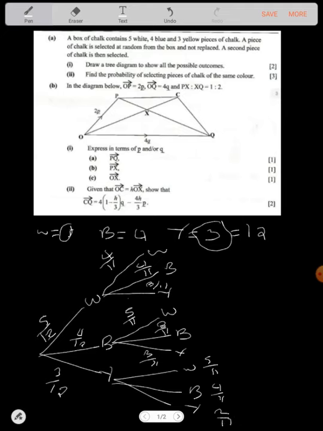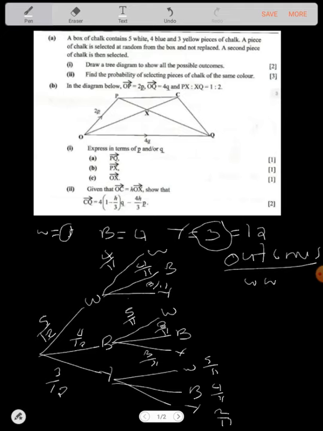Then here it says write the possible outcomes. How can you write the possible outcomes? The possible outcomes are WW, white and white.